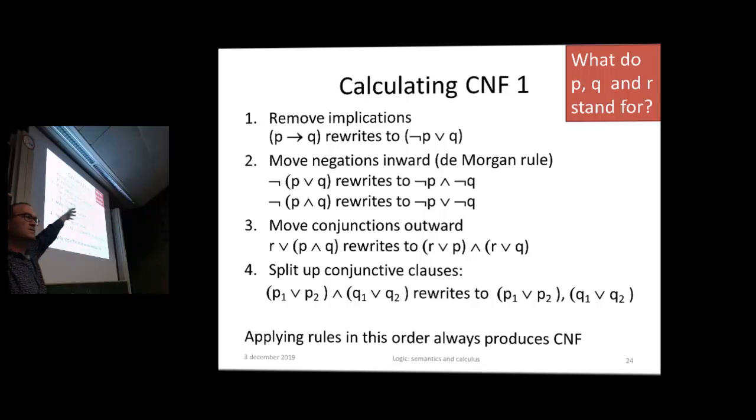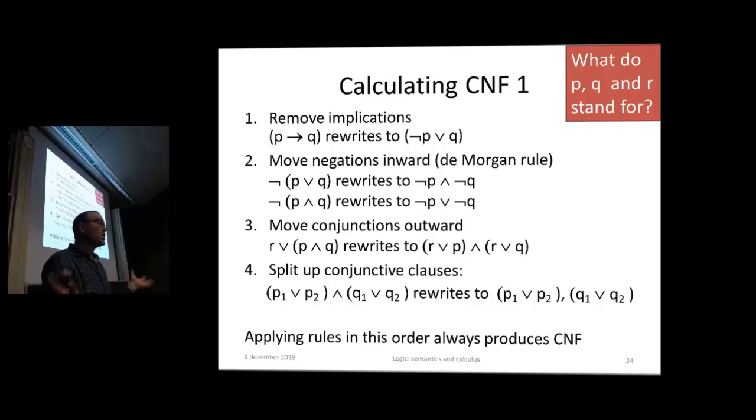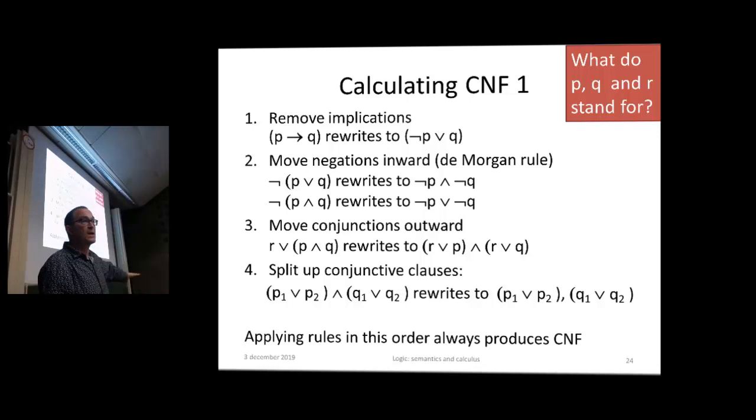The first one is sort of forgotten. It's an easy one as well. But if you apply those rules in the right order, you will end up in clause normal form. In the corner it says, what do P, Q, and R stand for? These are just variable names that stand for any complex formula. They are not atomic in this case, but could be any complex formula.